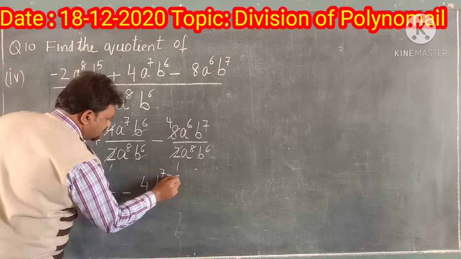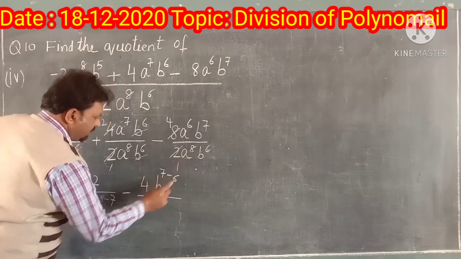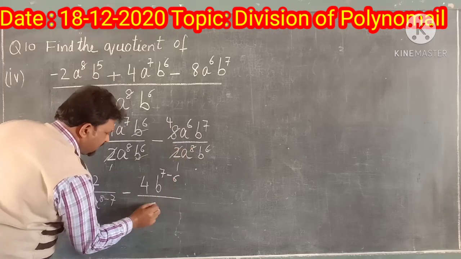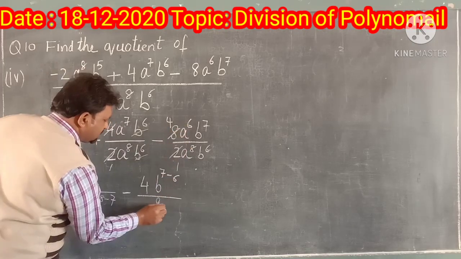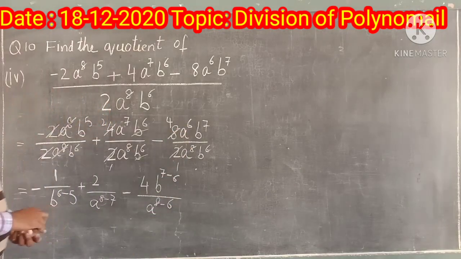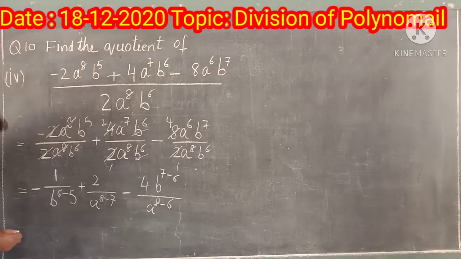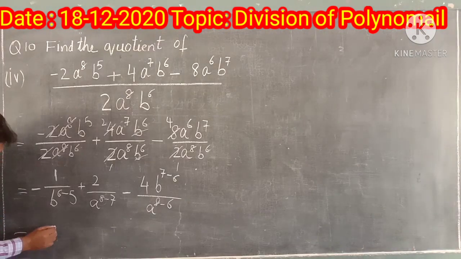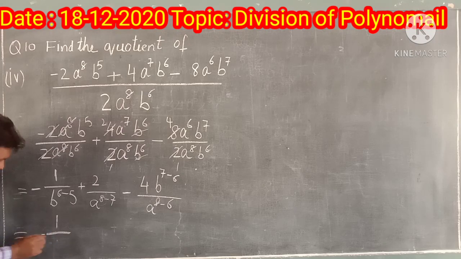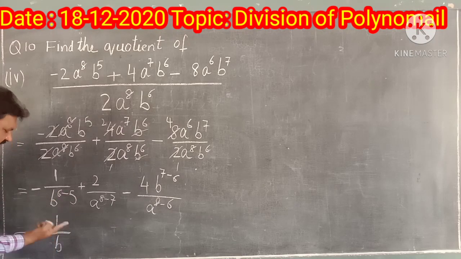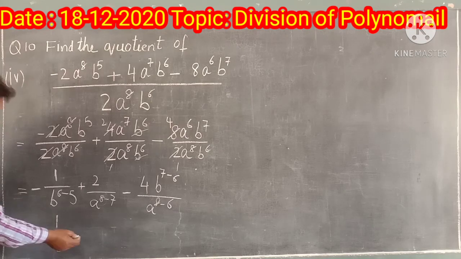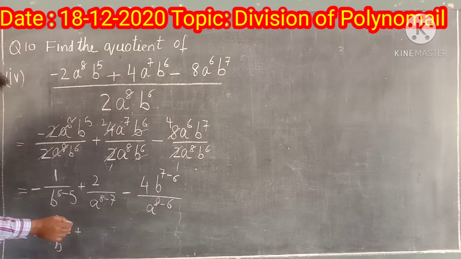b power 7 minus 6 divided by a power 8 minus 6. So the answer will be minus 1 upon b power 6 minus 5, 1. It is not necessary, we will write the power 1.